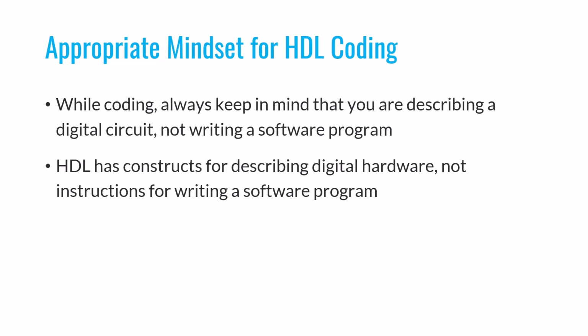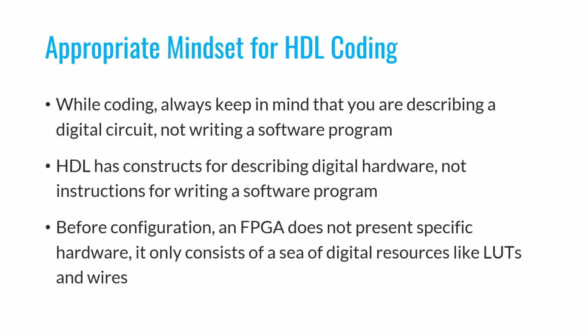As I mentioned before, commands and instructions are for CPUs. However, an FPGA doesn't offer any predefined hardware before configuration. It's essentially just a sea of digital resources like lookup tables and interconnecting wires.